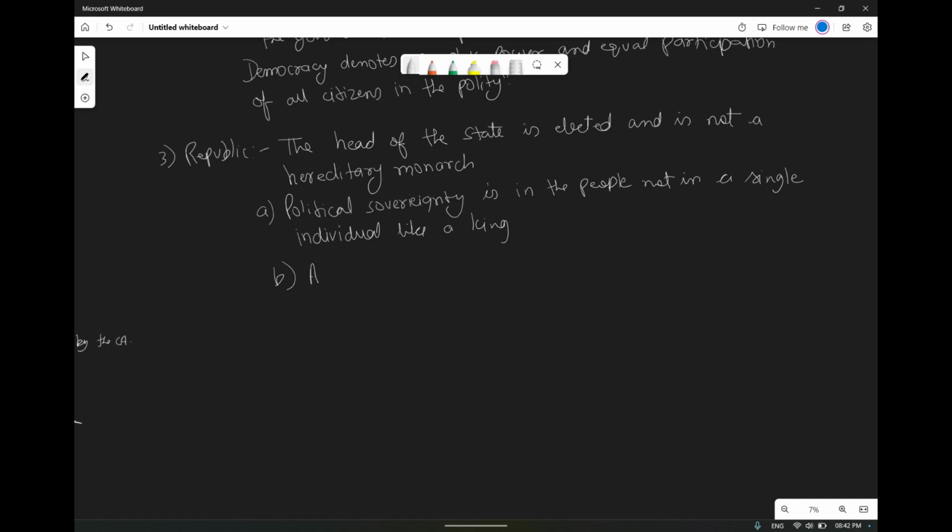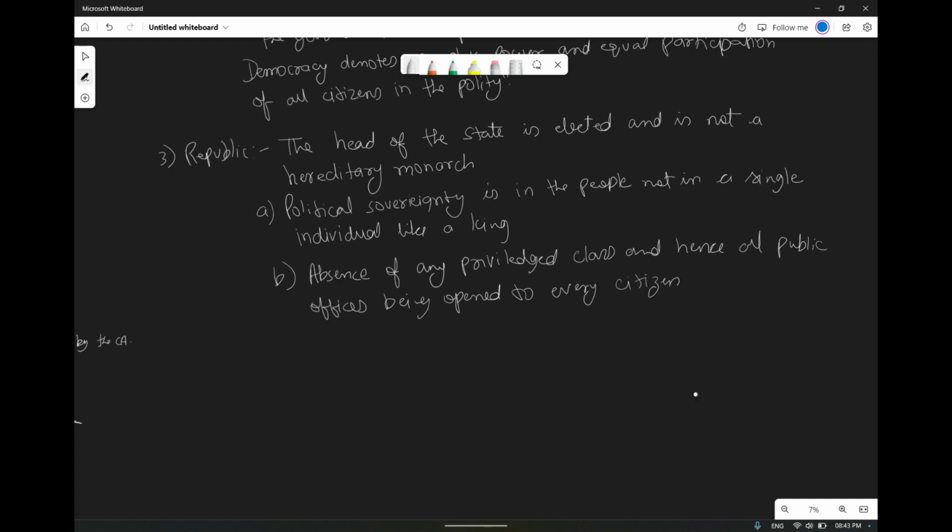Okay, so absence of any privileged class should be there, and hence all public offices being opened to every citizen without any discrimination, either female, male, caste, sex, creed, whatever thing is there, no discrimination should be there.